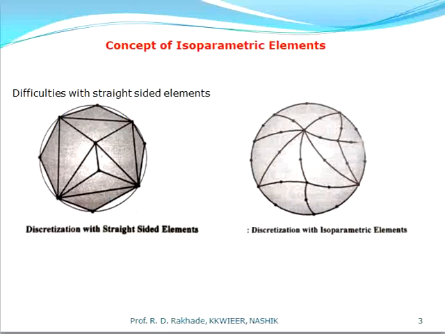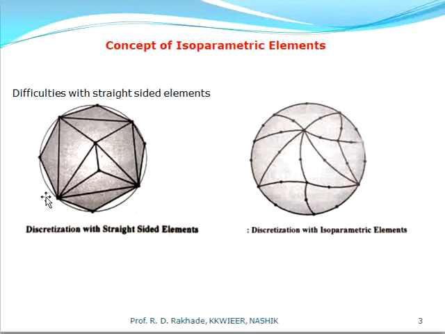So in finite element analysis of 2D or 3D bodies with curved boundaries, discretization, or we can say meshing, using straight side elements, you can see in the first figure.